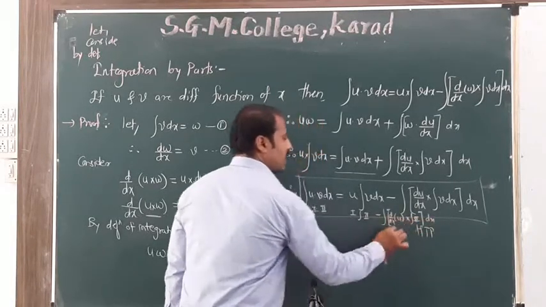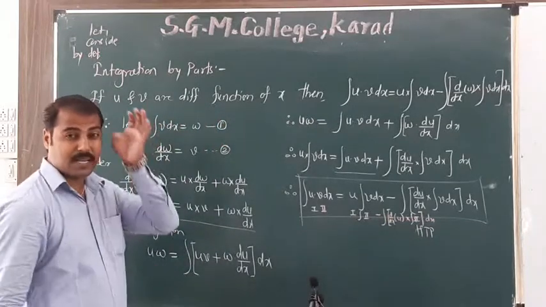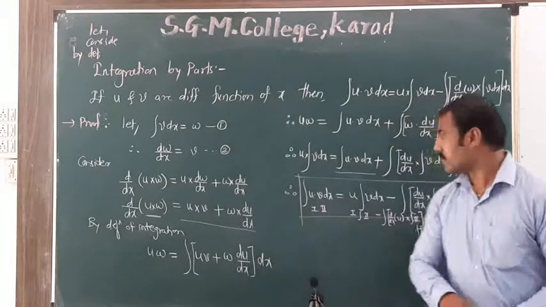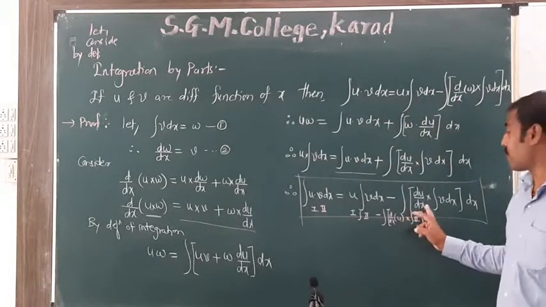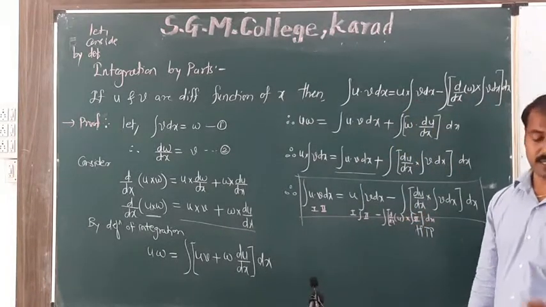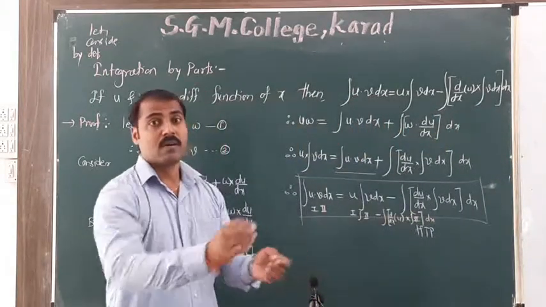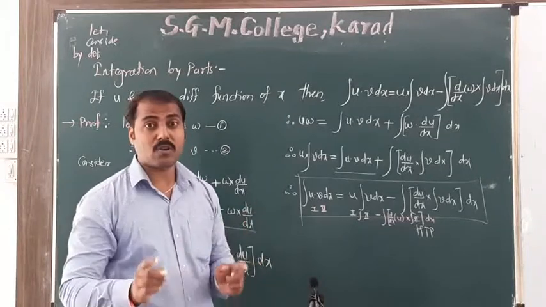Remember this theorem as first as it is, integration of second minus inside the integration, derivative of first into integration of second dx. We use this theorem when the integrand is a product of two functions.